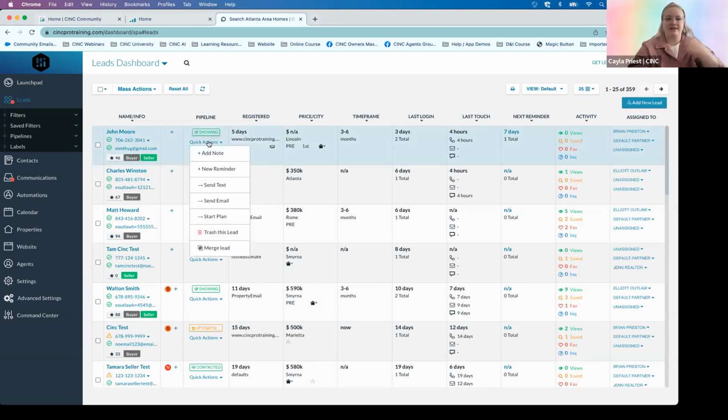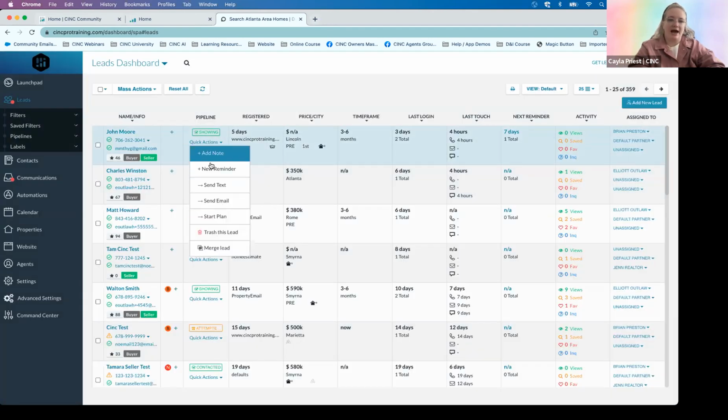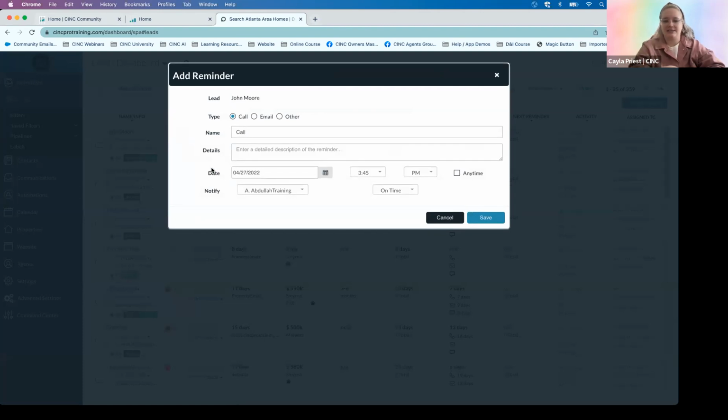Another part of the CINC method is making sure that we add appropriate notes. It is making sure that we add reminders when we've contacted someone and we need to follow up with them. Following up means I'm contacting them again in the next 30 days.